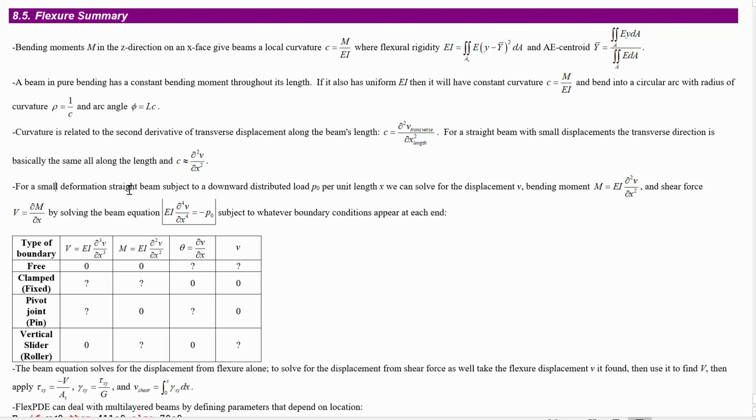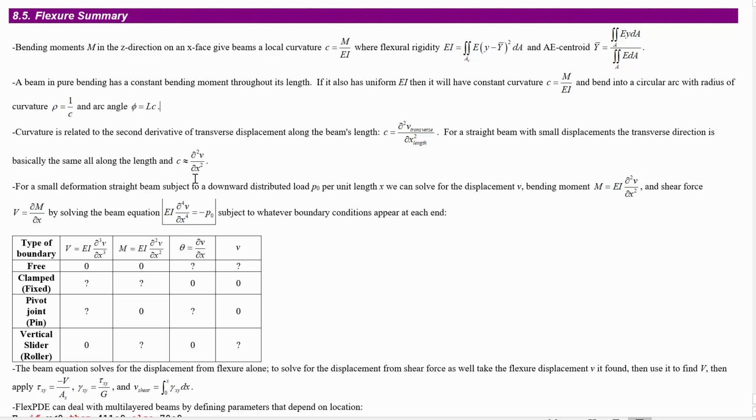For small deformation, a straight beam that has a downward distributed load p0 per unit length, you can solve for the displacement, the bending moment, and the shear force by solving the beam equation, which came from saying that the moment is related to curvature through flexural rigidity, and that the curvature is the second derivative of v with respect to the length direction, x.